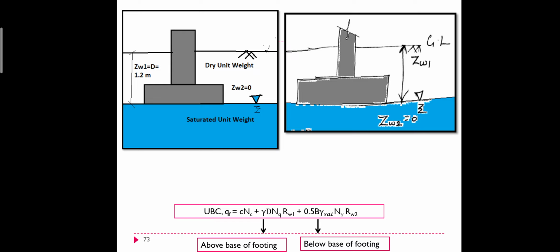Above the base of the footing soil is dry, so you should use gamma D. And in 0.5 B gamma N gamma, below the base of the footing, the soil is entirely wet, so you should use gamma sat in the third term of the equation.